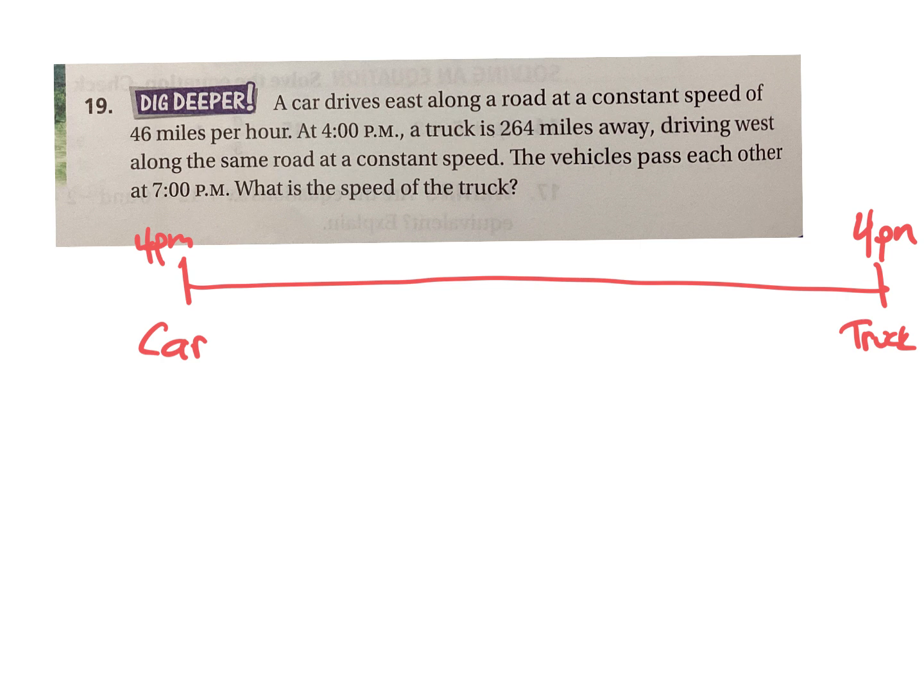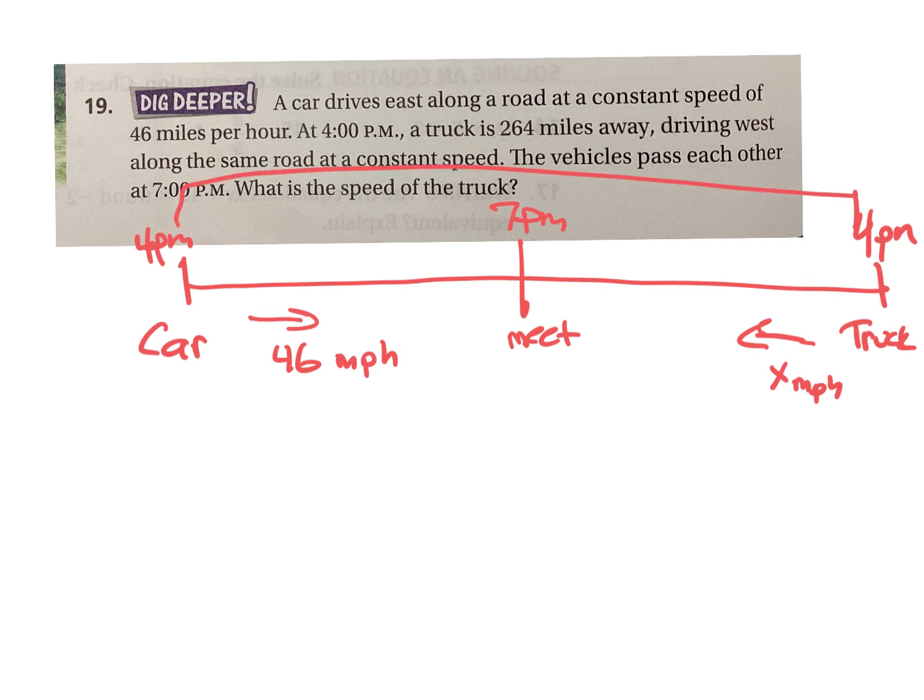We know the car is going 46 miles per hour. The truck is going, we don't know how many miles per hour. That's our variable. But we know that at 7 p.m., they will meet. And we know the distance is 264 miles.